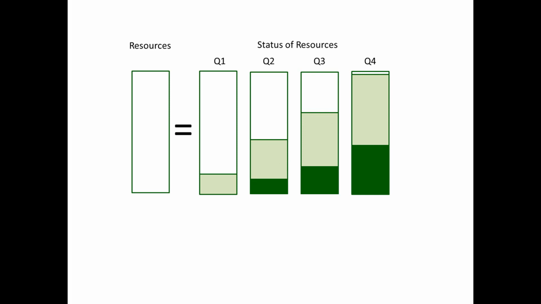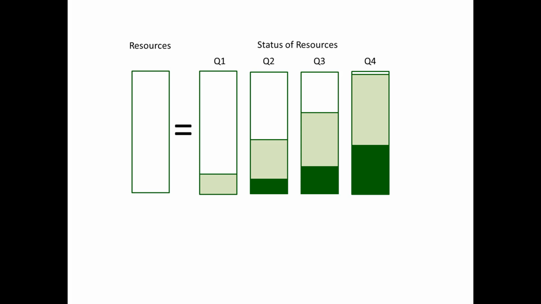Here we can see that the status in each quarter equals the original resource. If this equality is always maintained, you can never spend more than your total resources. This basic equation continues throughout the life of the account.